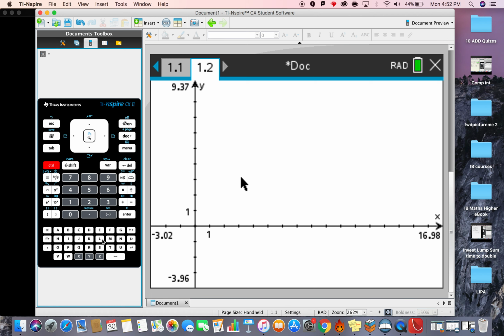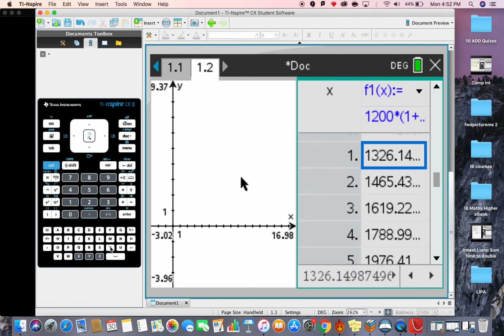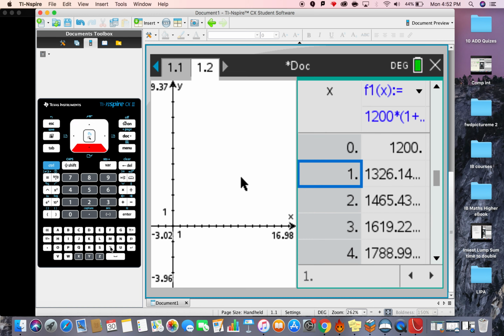If you do Control T, you can get the table of values. Now let's think about what this table of values is. These values of x are the interest rate. If R, the interest rate, is 0, then the final value, the y value, is going to be 1200, which is the same as your present value. If you get no interest, then obviously your investment doesn't grow at all.